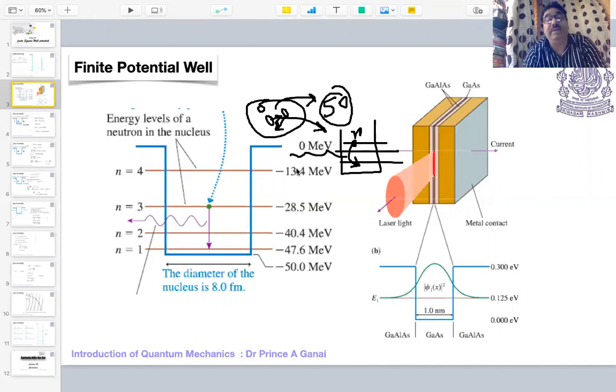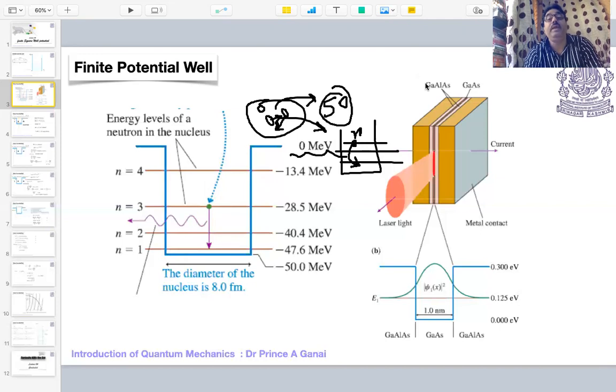This is a very interesting application that I thought I would discuss with you, but it's only a toy model that you should understand. So our problem today is to solve the Schrodinger equation for such a potential well, which is finite in depth.